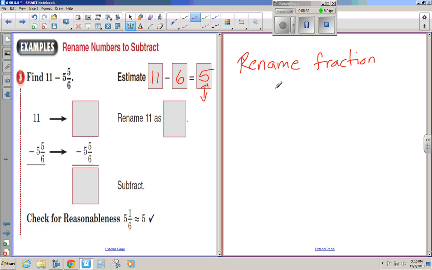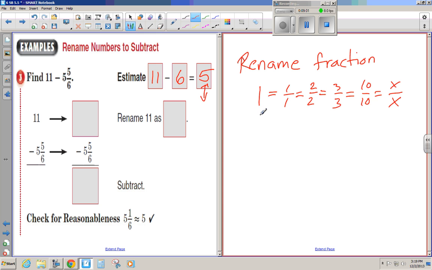So when we're talking about renaming, we're looking at the fact that 1 is equivalent to 1 over 1, which is equivalent to 2 over 2, which is equivalent to 3 over 3. I could make this equivalent to 10 over 10. Anytime the denominator and numerator are the same, it equals 1. Even if they're not numbers. If they're letters, x over x still equals 1 whole.